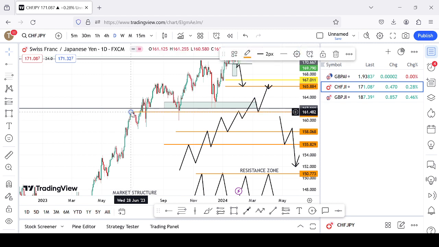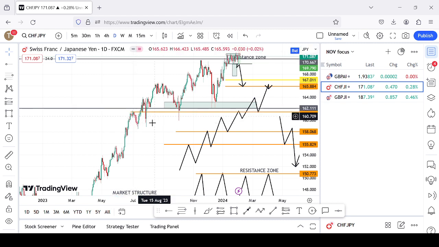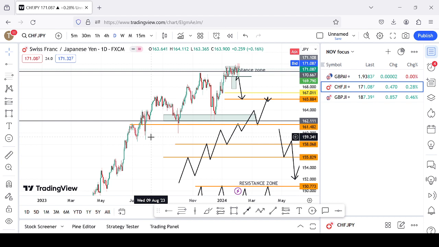See this one now, whenever it is about to form a consolidation, it normally doesn't obey this break retest at the resistance, form a new support, move up. So most of the time it doesn't. You see when it broke out here, it started consolidating. This market is still consolidating.